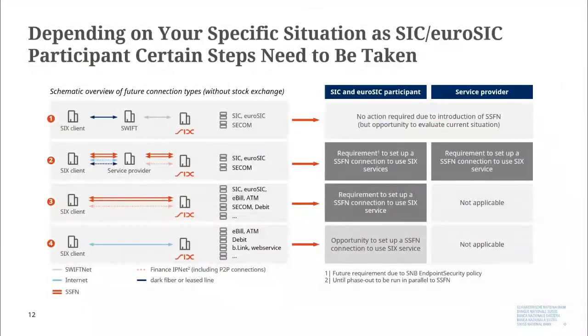We have already heard from Christopher the various elements, the 4 elements, the ways how you can communicate with the RTGS. And I think here I would highlight the dark gray boxes. As I mentioned before, the requirement will be that direct participants, and we have about 25 banks which directly communicate with the RTGS, implement the SSFN connectivity.